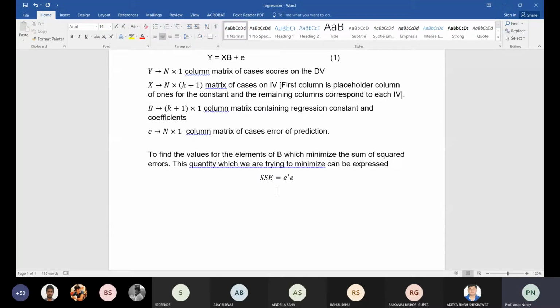So if you work out the matrix operation for the expression E transpose E, the result is a scalar, because scalar means it is a single number. This single number consists of the sum of square errors of prediction. It simply ends up by multiplying a 1 cross n matrix by an n cross 1 matrix, and it will produce a 1 cross 1 matrix, which is a scalar.